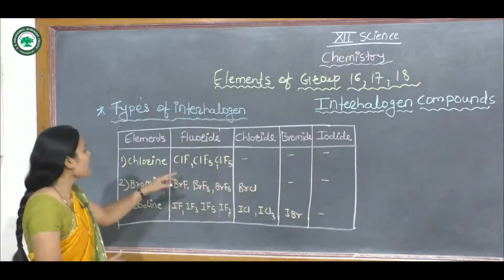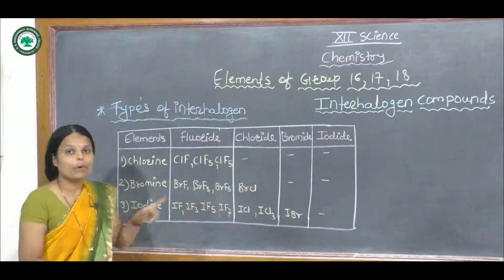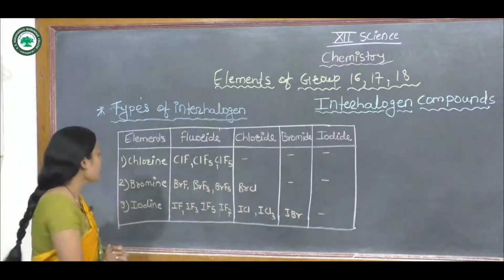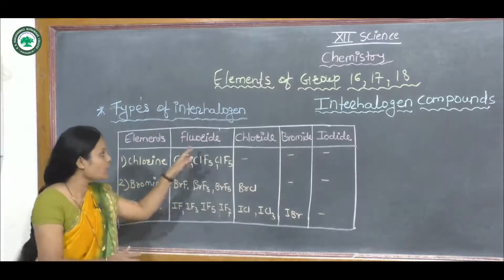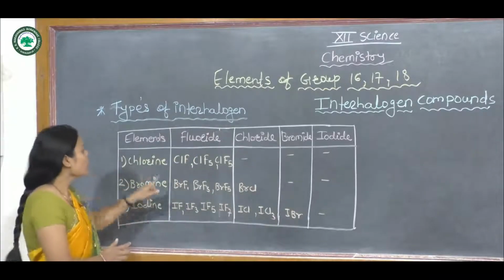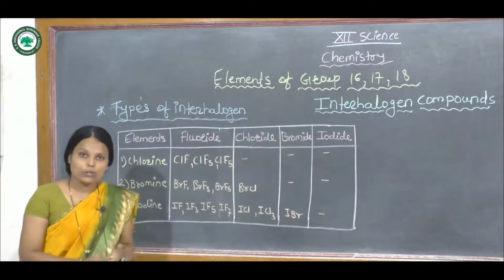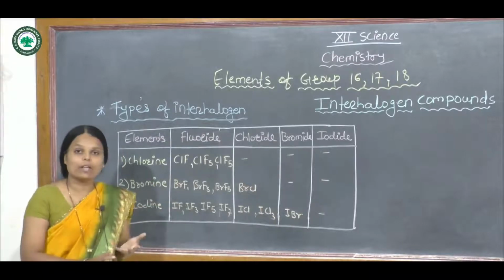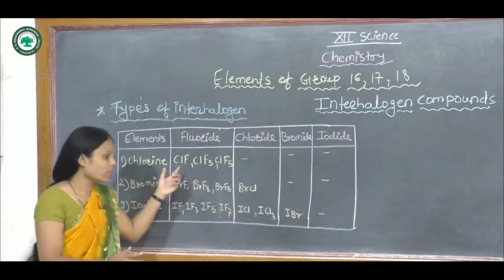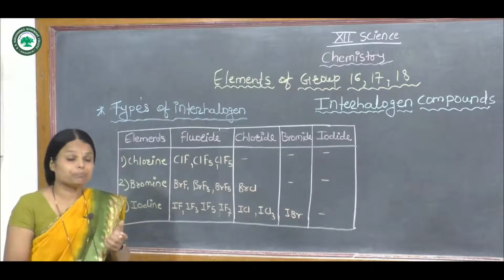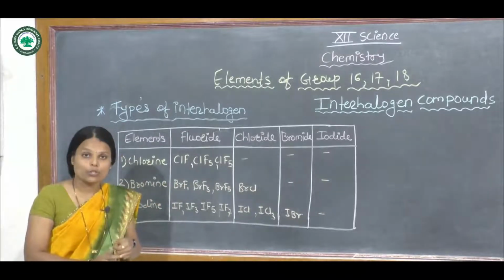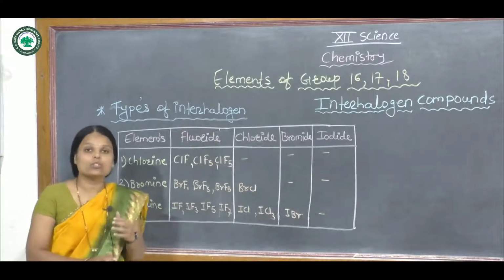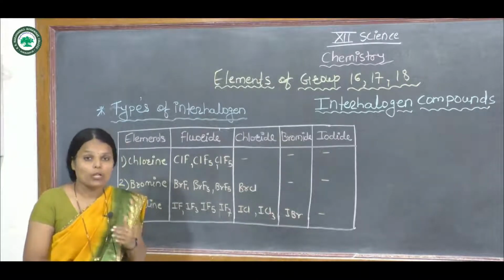These are the examples of chlorine. Chlorine is the more electropositive atom and is heavier and larger in size, while fluorine is the most electronegative atom and smaller in size.